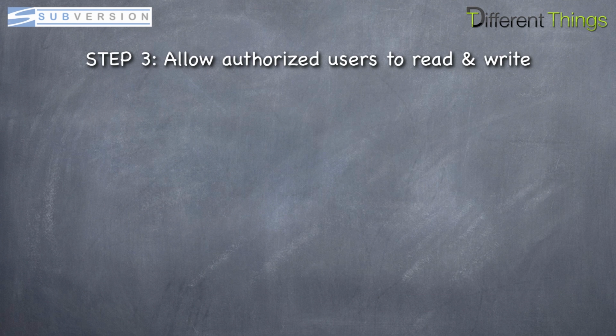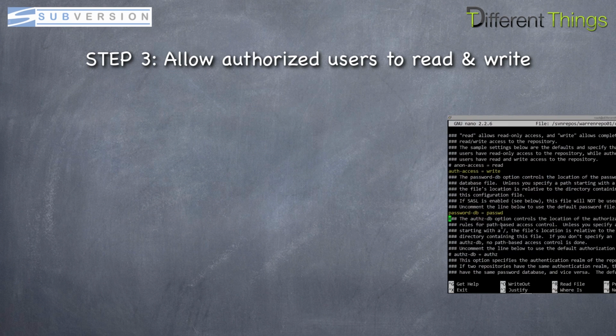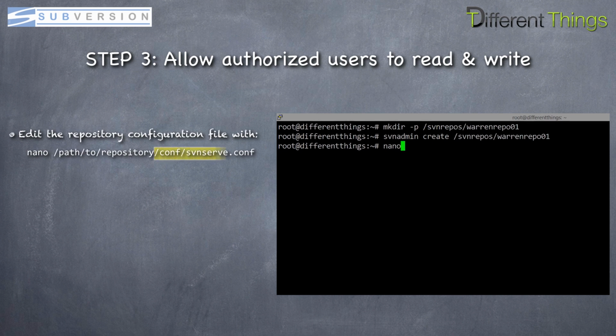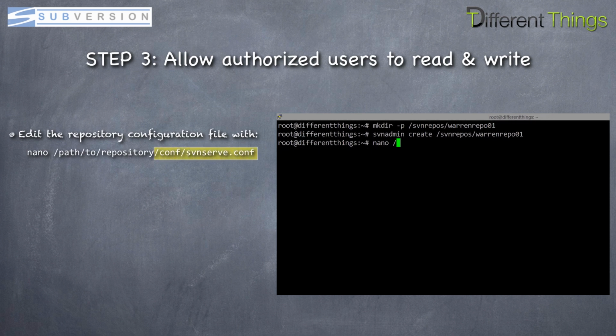Step 3. Allow authorized users to read and write. Edit the repository configuration file with nano or vi space the path to the repository /conf/svnserve.conf.